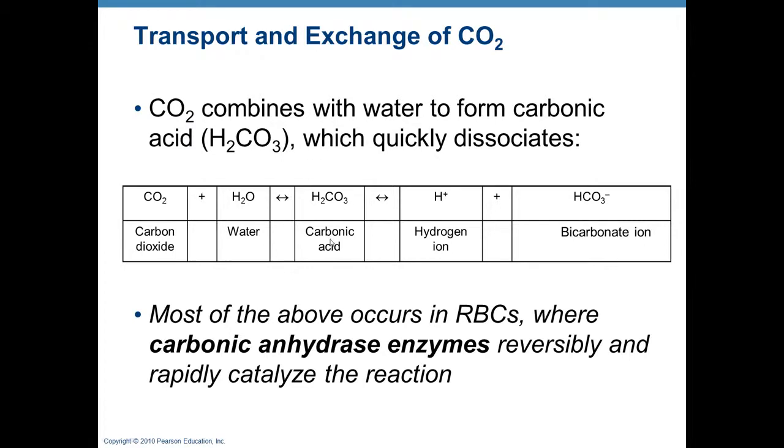Acids, if you guys remember, are compounds that tend to give off hydrogen ions. When they're present in a fluid, they break apart and release these hydrogen ions, and then you've got the leftover portion of the acid remaining.